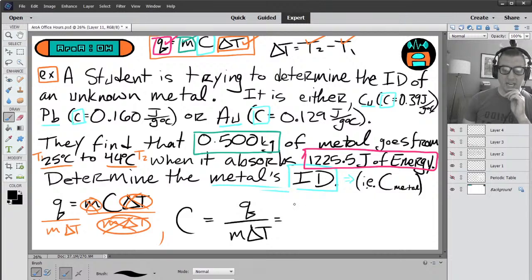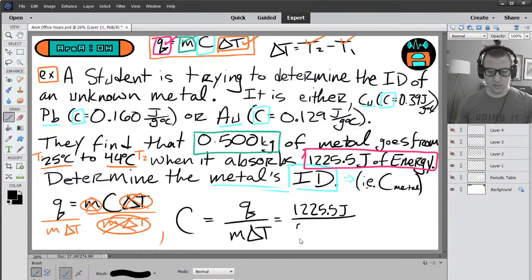So we have an energy of 1,225.5 joules. We have a mass of 0.500 kilograms.